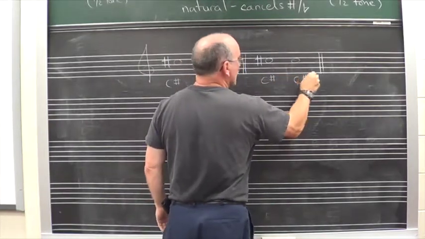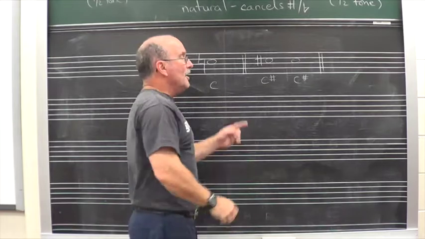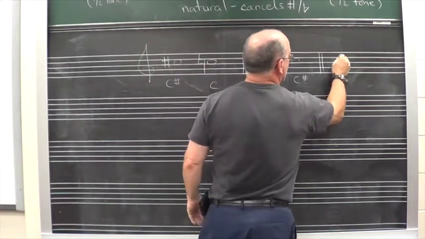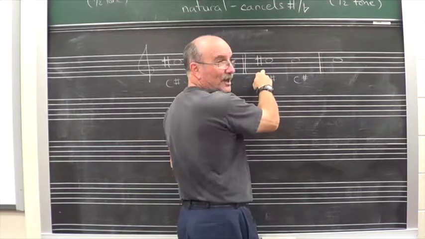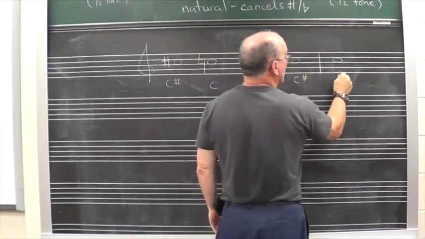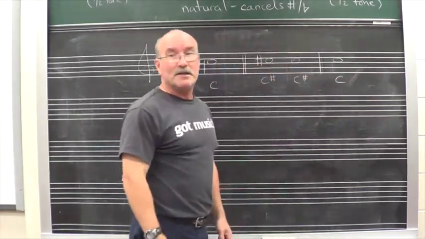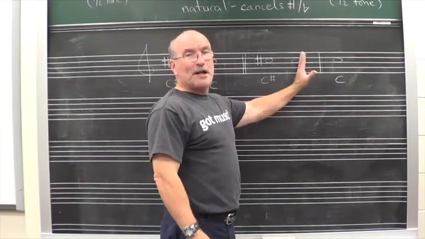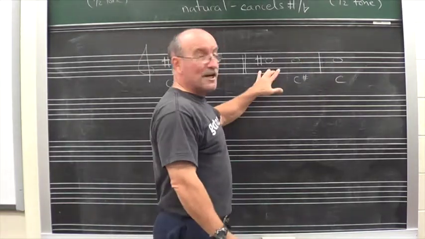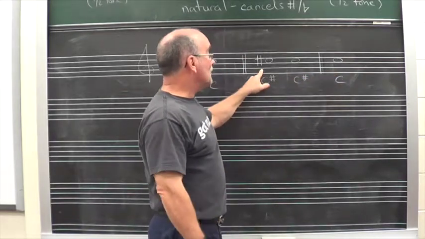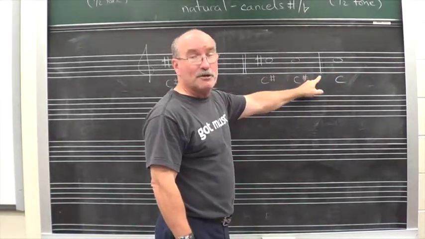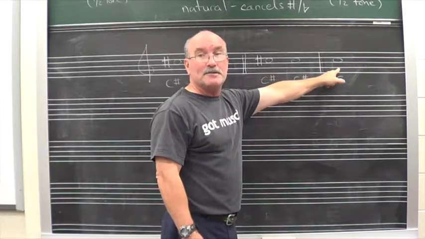That's still C sharp as long as it's in the same bar. Then when it has another note in the next bar, that bar line cancels any accidental in this bar, and this comes back to being C. So the bar line stops any accidental, extra accidental, from entering the next bar. So this is C sharp, this is C sharp. The minute you cross the bar line, this becomes C.